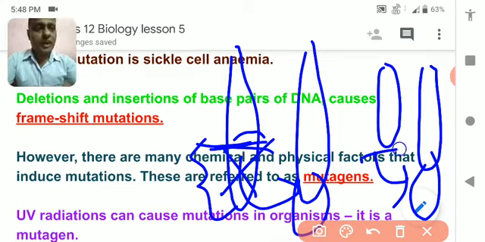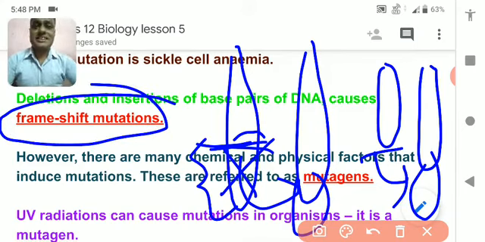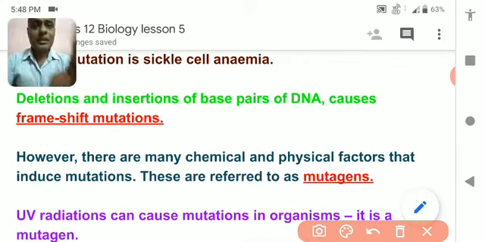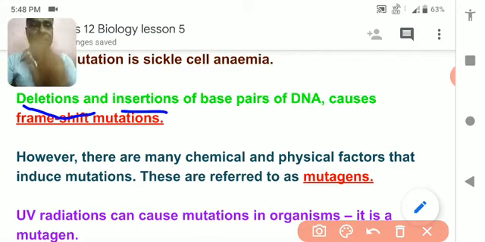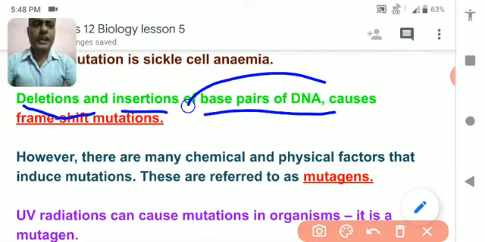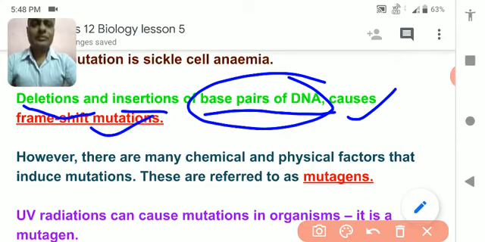So if a piece of chromosome is either gained or lost, it is also called mutation, and this mutation is called frame shift mutation. Just have a look. Deletion, or insertion, or sticking of base pairs of DNA causes frame shift mutation.